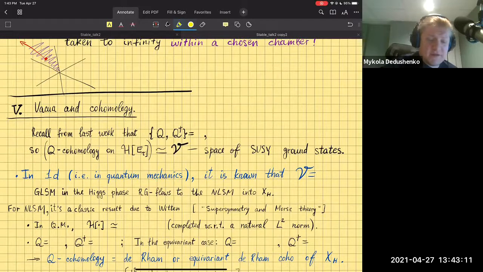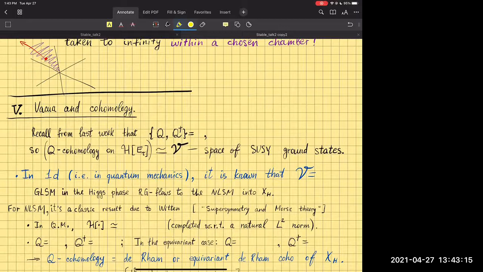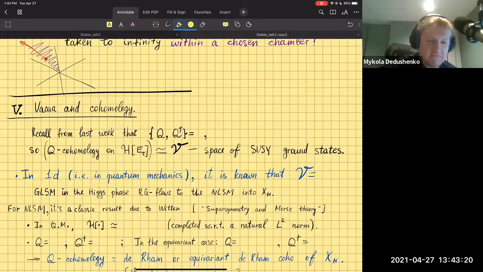I think, strictly speaking, it's expected and conjectural. No, because these BPS equations are the gradient flow equations, which give you exactly these attractor submanifolds. It suggests that it's the same thing. And one can do some computations, and whenever you do computations, the answers agree, but up to normalization.